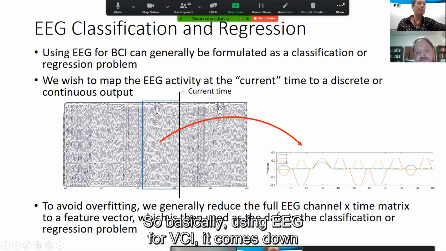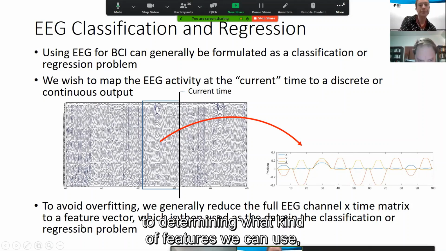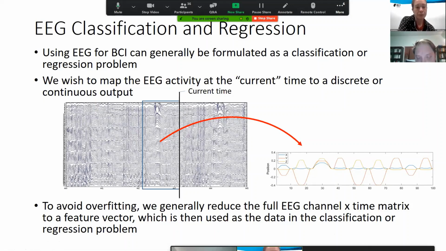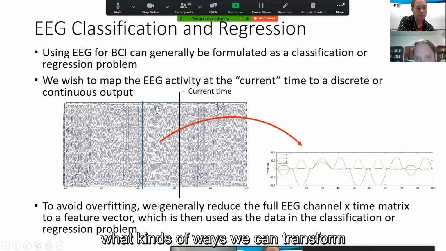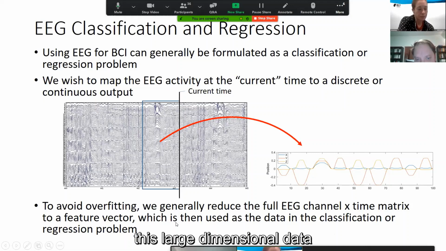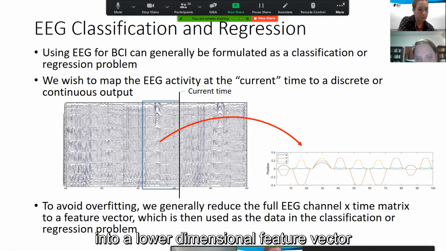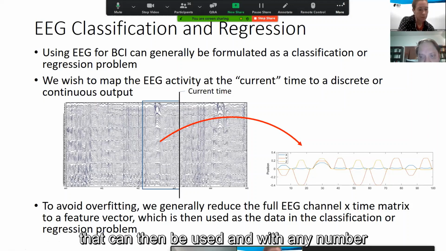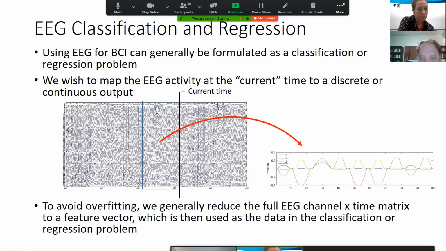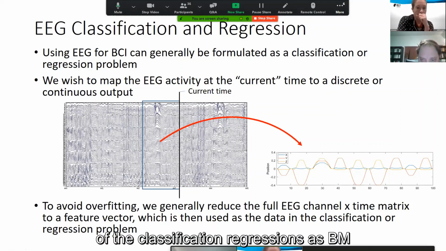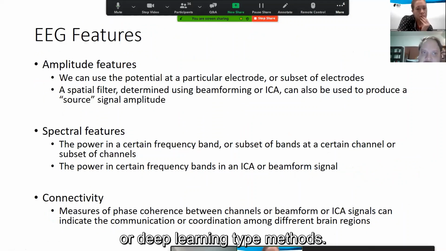Using EEG for BCI comes down to determining what kinds of ways we can transform this large dimensional data into a lower dimensional feature vector that can then be used with any number of classification or regression methods, say SVM or deep learning type methods.